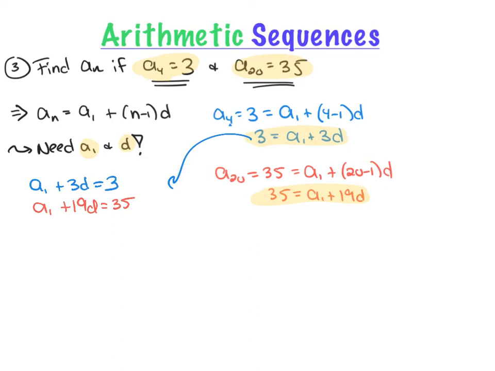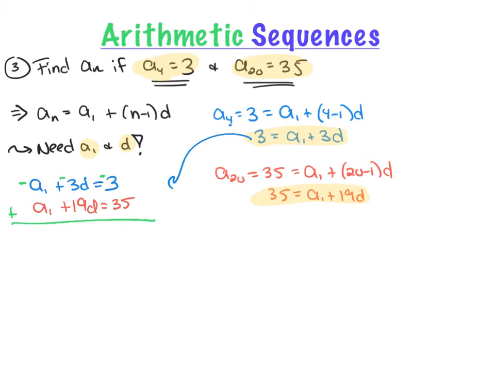To solve this system of equations for A1 and for D, I'm going to use the addition method because those A1s are going to cancel out really nicely. I'm going to multiply the top equation by -1 everywhere and add these together. If you don't remember solving by the addition method, see my earlier videos for solving systems of equations.